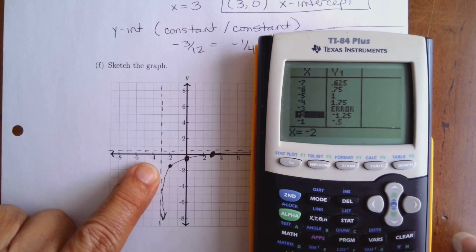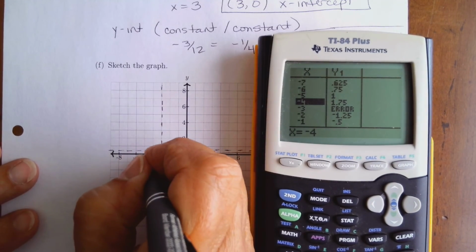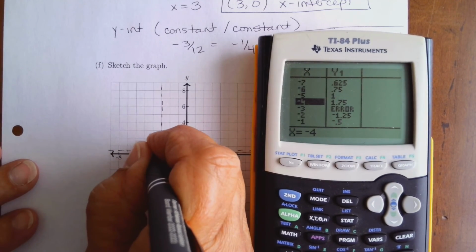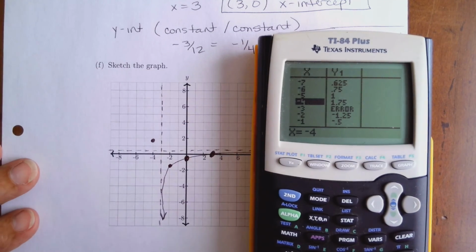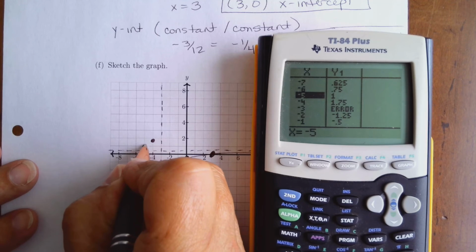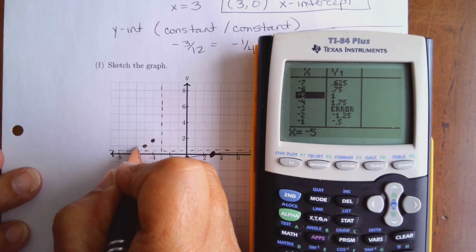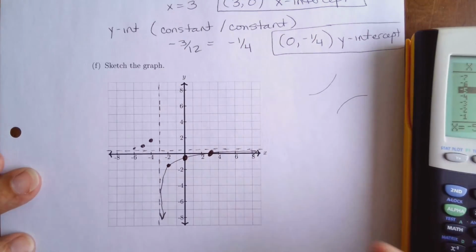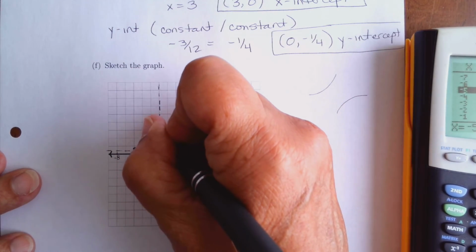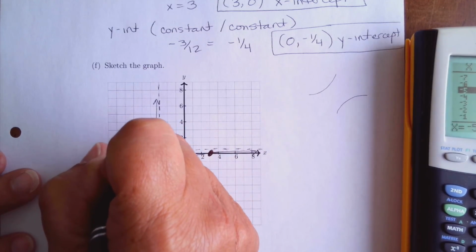Let's look at negative 4, which is 1.75. 1.75 about here. Negative 5 is at 1. And negative 6. Okay, so I can kind of see this side is going to go like that.